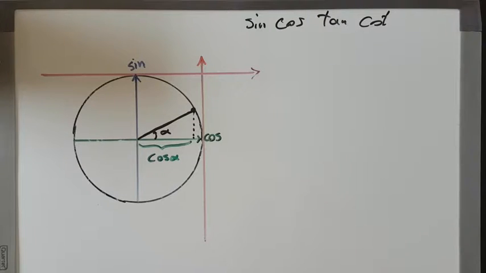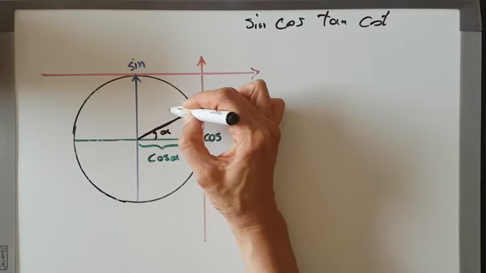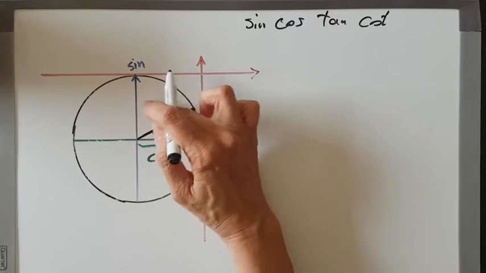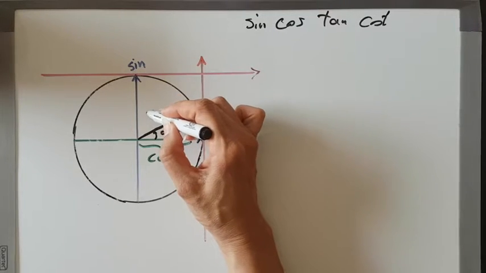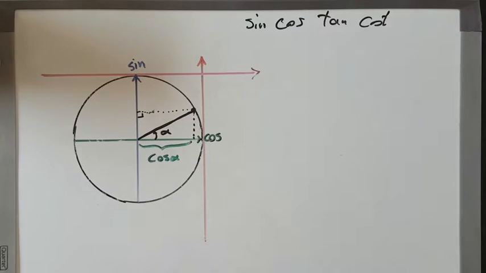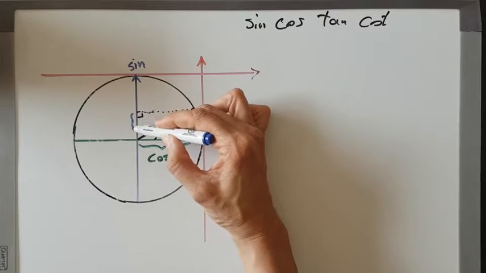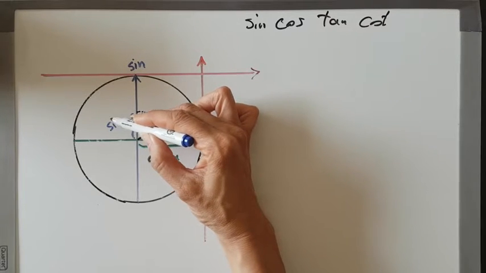Now I would like to find the sine of alpha. Of course, I would have to draw a perpendicular to the sine axis, and wherever it meets the sine axis, from the origin, is actually the sine of alpha.